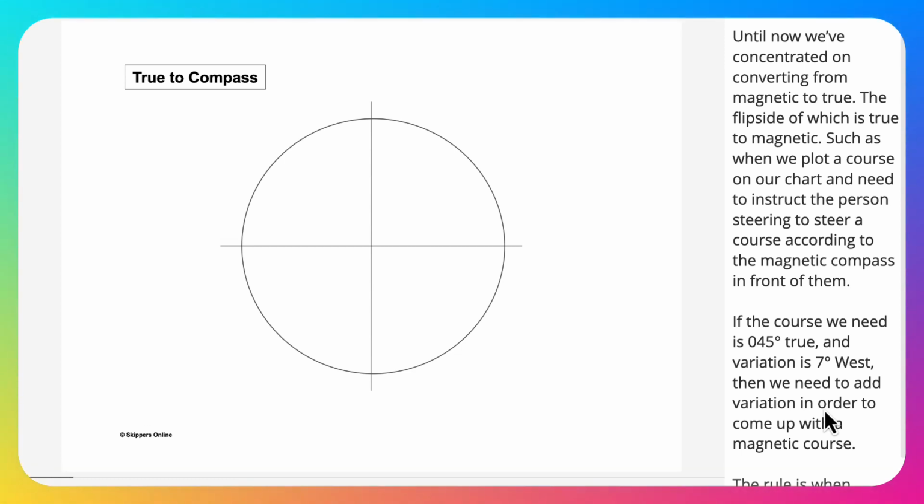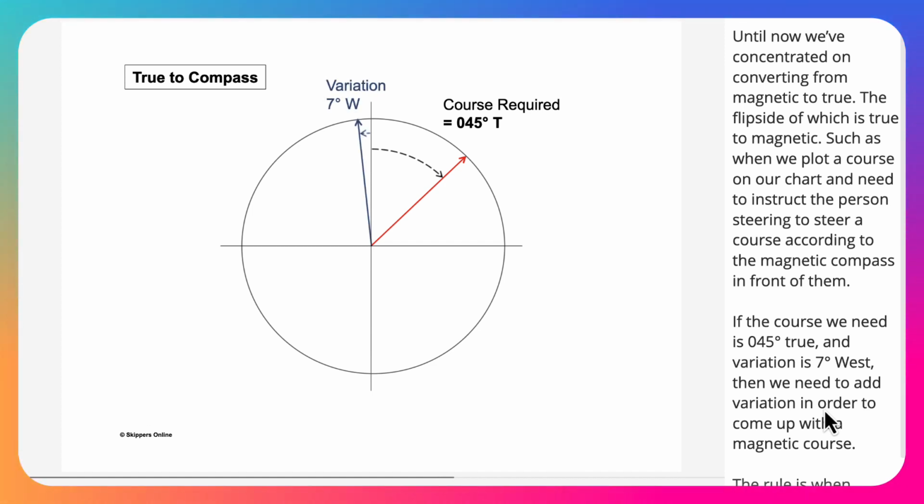Until now, we've concentrated on converting from magnetic to true, the flip side of which is true to magnetic, such as when we plot a course on our chart and need to instruct the person steering to steer a course according to the magnetic compass in front of them. If the course we need is 045 degrees true and variation is 7 degrees west, then we need to add variation in order to come up with a magnetic course.